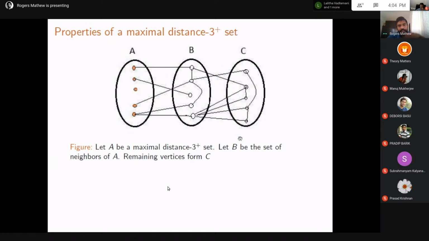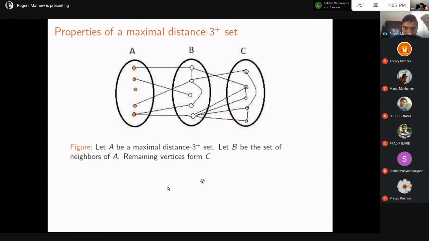Now, if you notice here, my A is a distance 3 plus set, which means that you take any two red vertices in the graph, you don't have a path of length less than or equal to 3 between any two red vertices. That's the first thing.